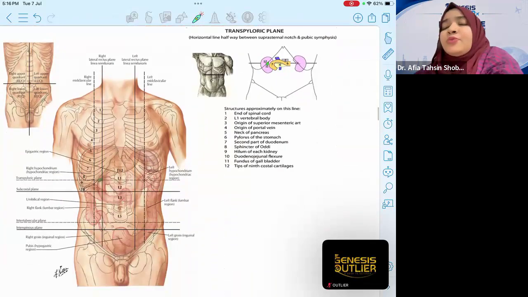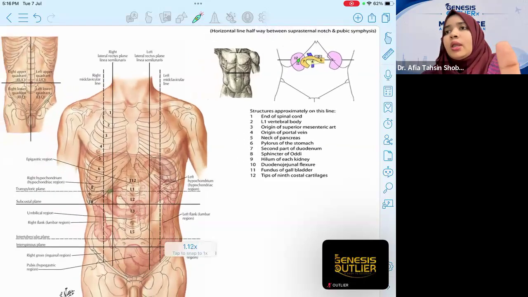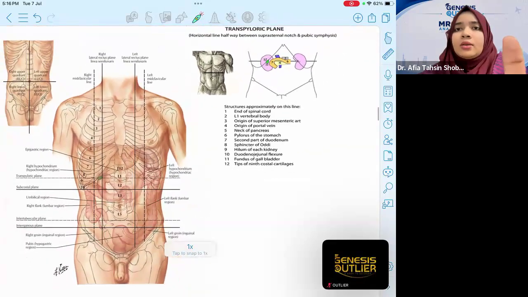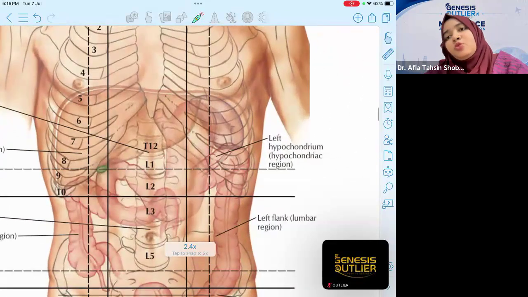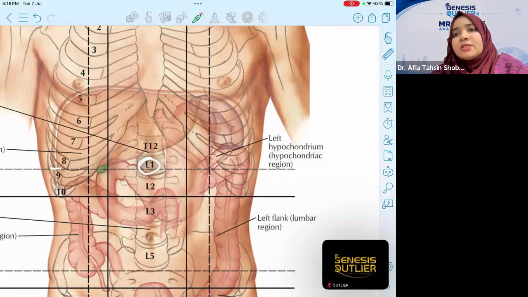Okay. Before that, I'll just go through this question. In exam, they can ask directly which structures are passing through the transpyloric plane or which structures are passing through the L1 vertebral level. Okay. So here, see this image, it is a good image. Through L1, our transpyloric plane is passing, right?